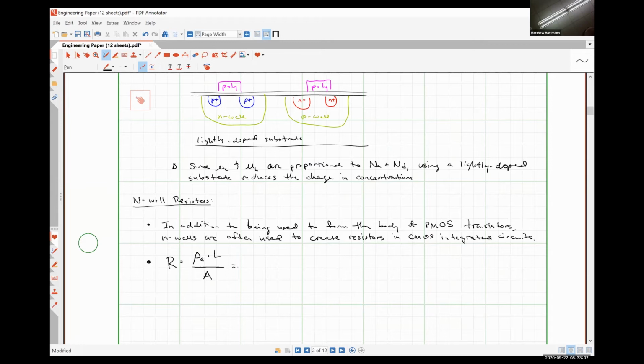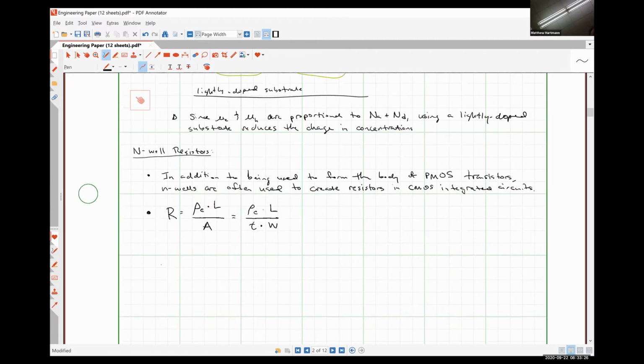And we can further refine this as rho E times L divided by T, the thickness, times W, the width. And I can draw a little picture here to explain what's what. I'm not giving myself enough room.